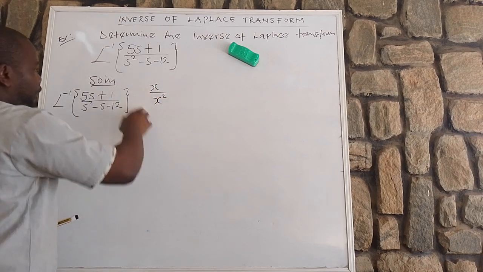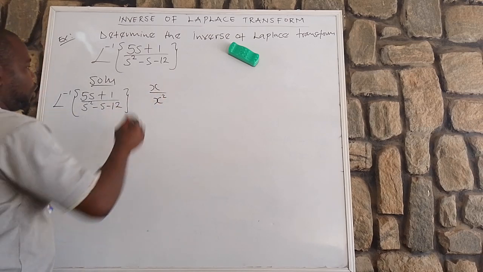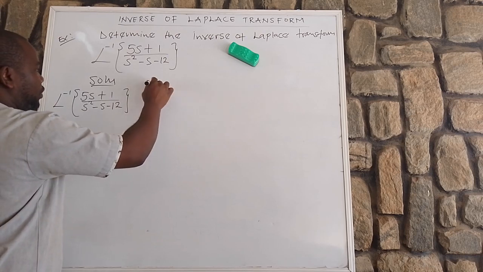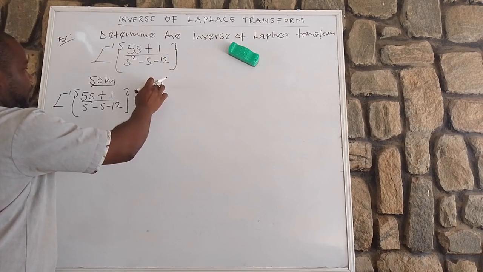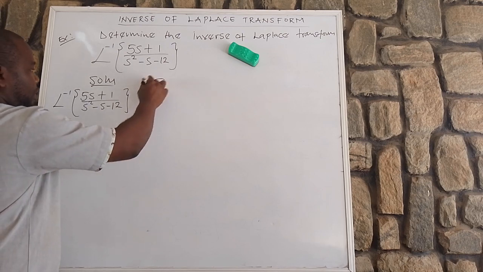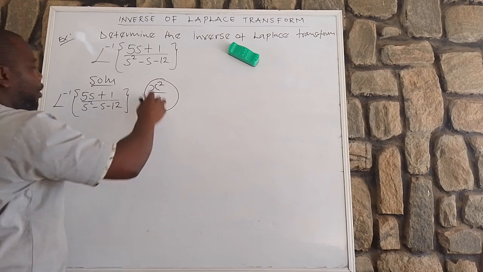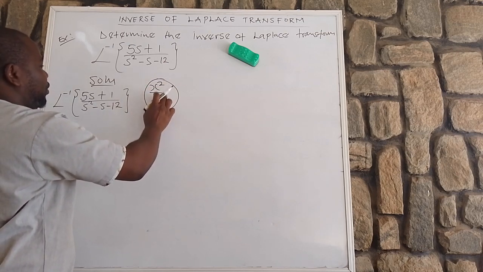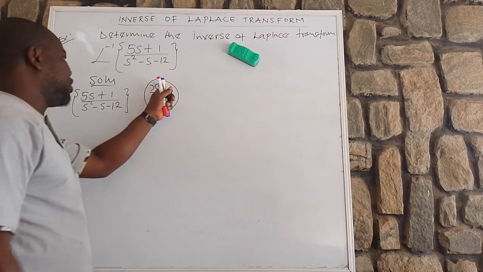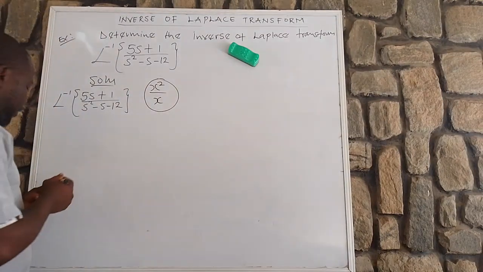It means you will resolve it into partial fractions straight. But supposing this one, you discover that this one is greater than the denominator. It means you will divide it first to a point that this denominator must be greater than the numerator. That is when you can resolve it into partial fraction.